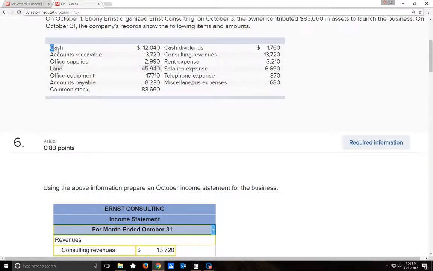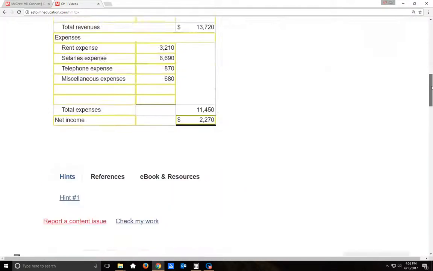We've already used cash, accounts receivable, supplies, land, office equipment. We've already used dividends, revenues, expenses of all types in preparing our income statement and statement of retained earnings. So there are only two items left from our data set. One is a liability called accounts payable, and the other is common stock. Let's first enter accounts payable of $8,230 on our balance sheet.